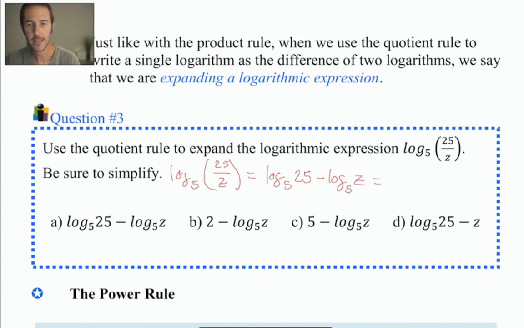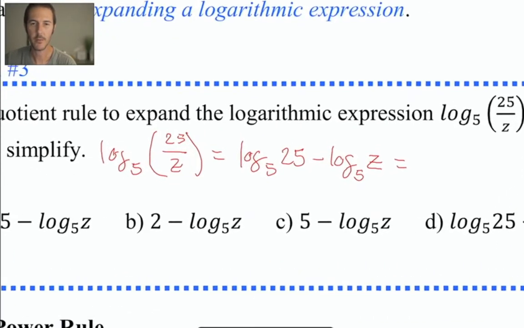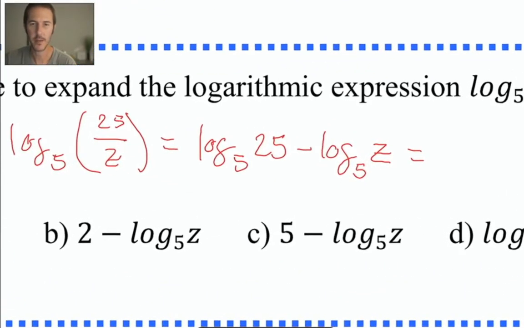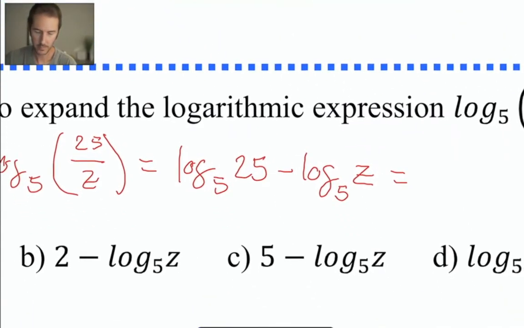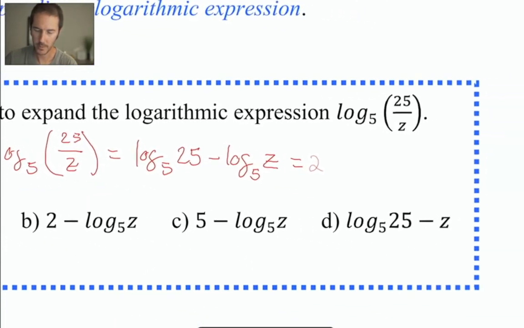Can we simplify either one of these logarithmic statements any further? Absolutely. The log base 5 of 25 can be simplified because 5 to some power is equal to 25, and that would be 5 to the second power equals 25.